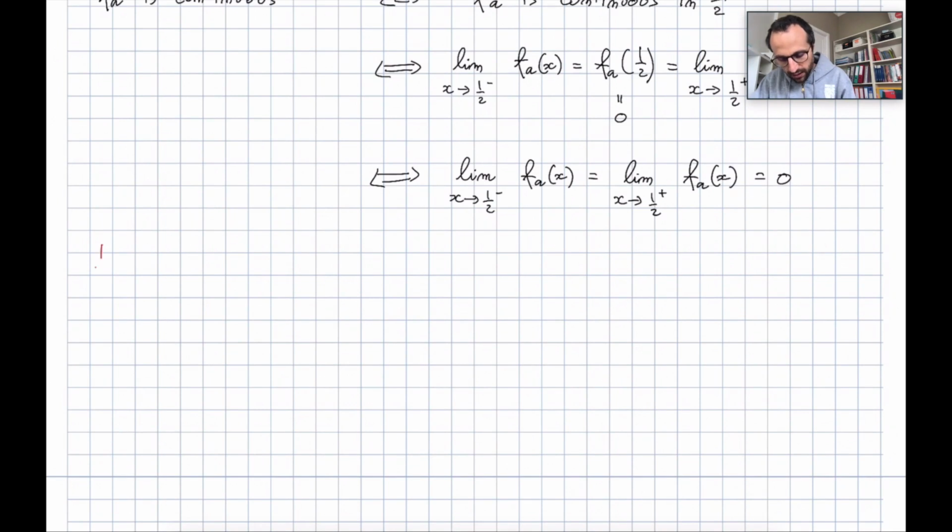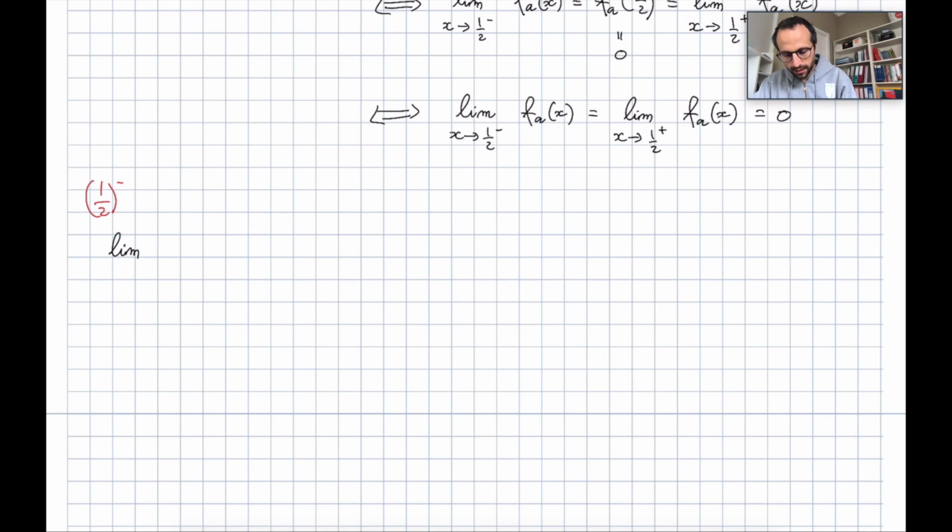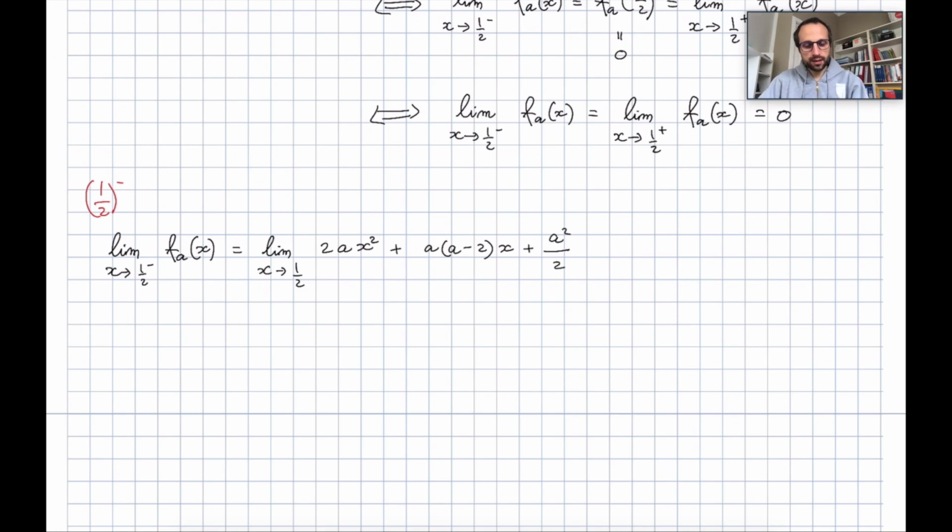Let's start with the easy one, which is the one from the left, because from the left the function is much simpler. So the limit as x goes to 1/2 from the left of f_a of x, we just write the expression for f_a. Here I can remove the minus sign, because this function is continuous over the whole real line, so this doesn't really matter. Now this function is continuous, so I just have to replace x with 1/2.